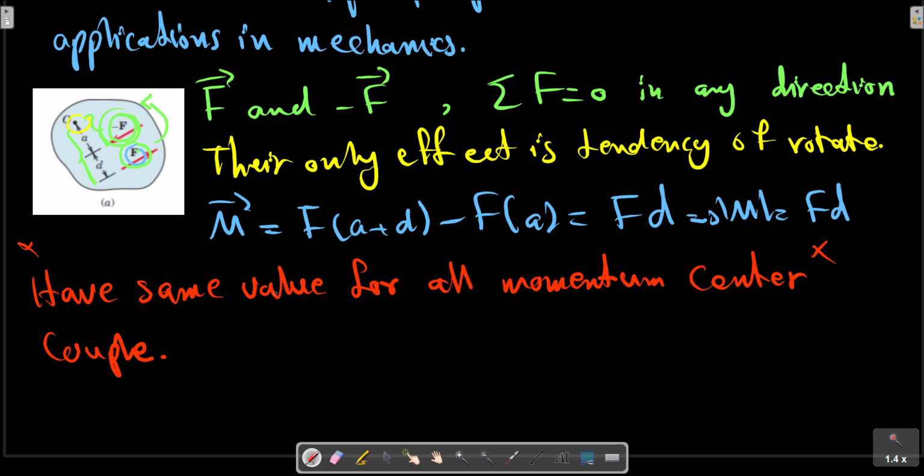We can also use the vector algebraic method. In the vector algebraic method, consider this picture.